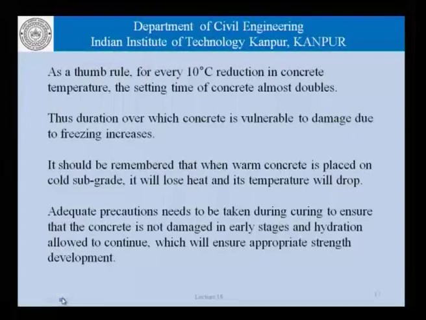This we can only ensure by heating these surfaces, and that is another of the concerns that we have. We need to take adequate precautions during curing to ensure that the concrete is not damaged in early stages and the hydration is allowed to continue, which will only ensure appropriate strength development.